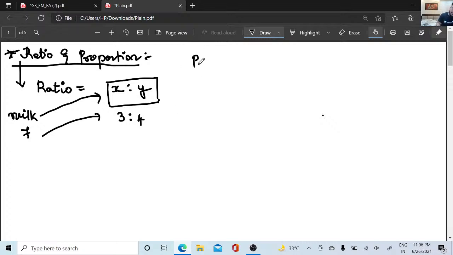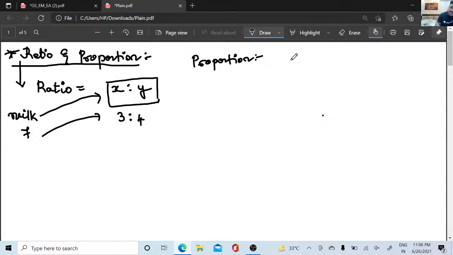Then what is proportion? Proportion means two ratios becoming equal to each other.